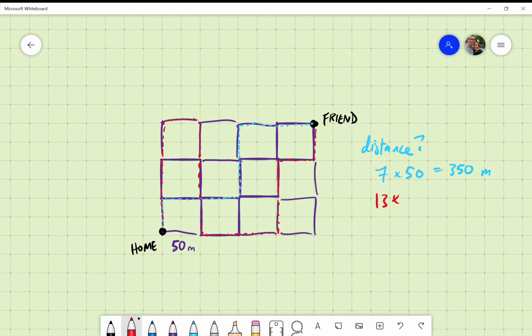Not very efficient, but maybe you had some errands to run. 650 meters. Almost twice as long. Now, I think it's safe to say you can't get there in anything less than 350 meters, but that's the distance that you traveled.